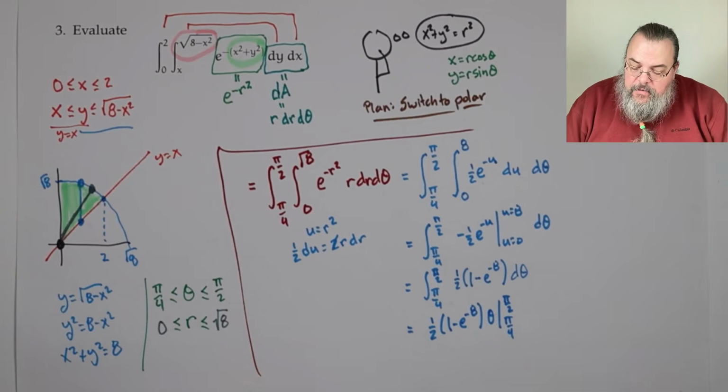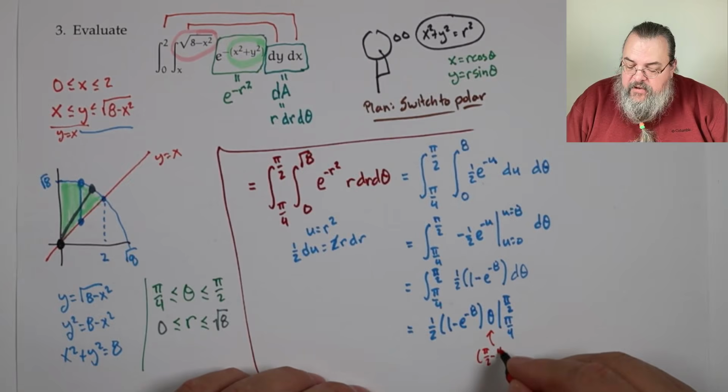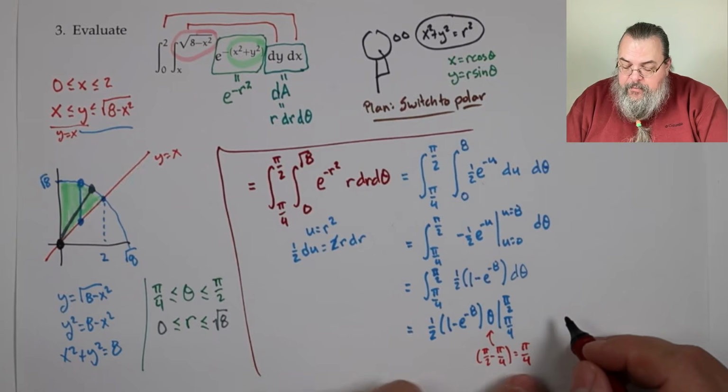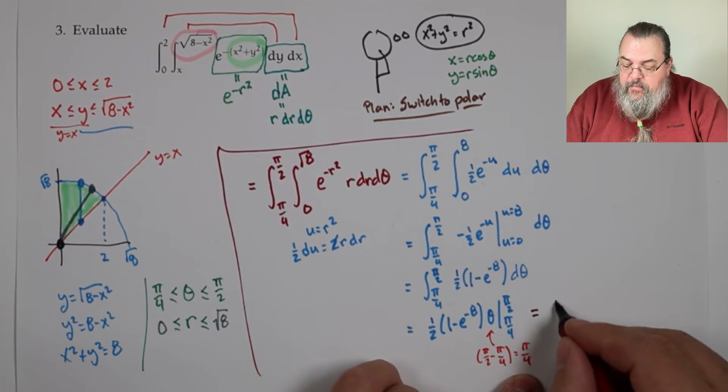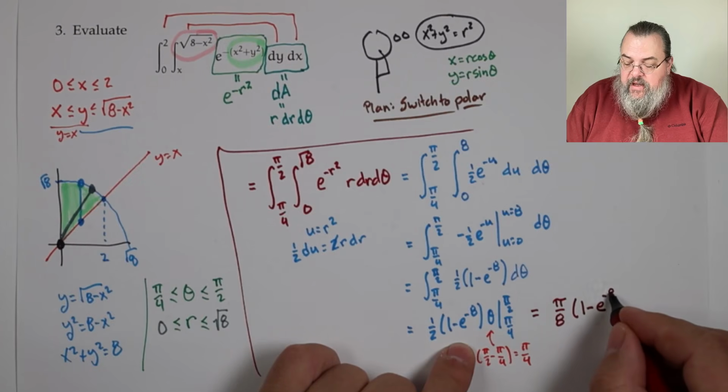This is going to become pi over 2 minus pi over 4, which is pi over 4. And so when we put it all together, we get our final answer of 1/2 times pi over 4, which makes this pi over 8 times 1 minus e to the minus 8.